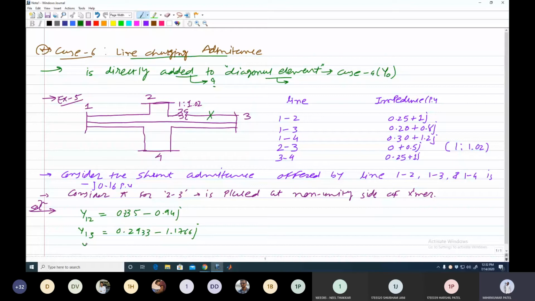Then next Y14, which is equal to 0.196 minus J 0.7848. Then what is the value of Y23?